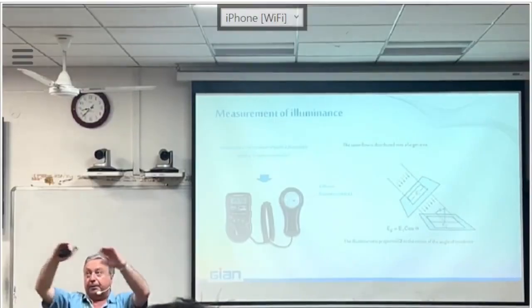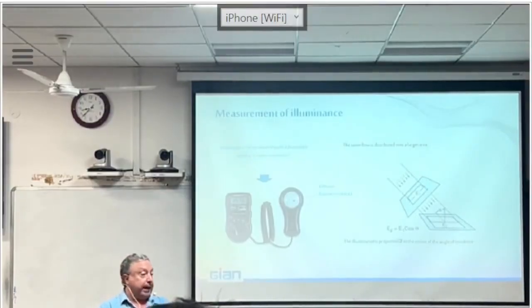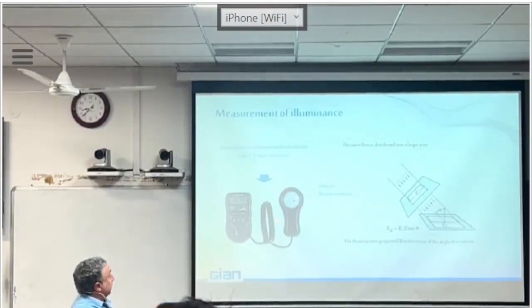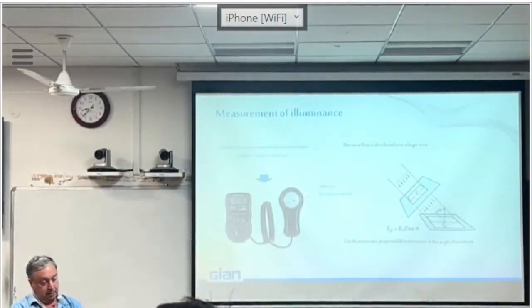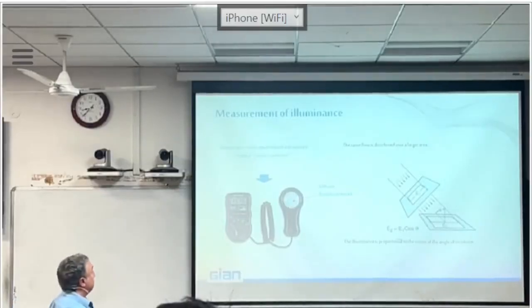But lighting is coming from all directions, and we need to correct this cosine incidence, and you do that by using an opaline cosine corrector in order to collect the light from all directions and send it uniformly to the detector.